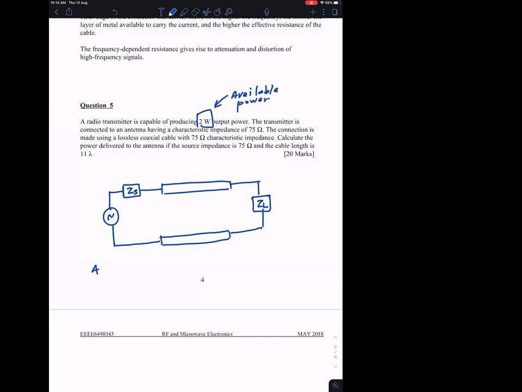The transmitter is connected to an antenna. So this is a load that is representing an antenna, having a characteristic impedance of 75 ohms.